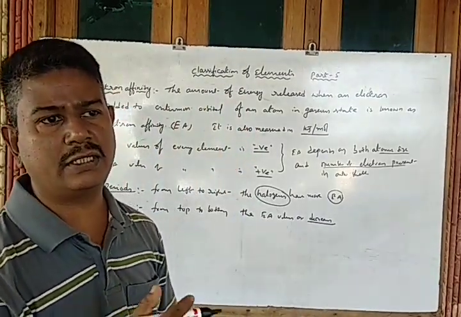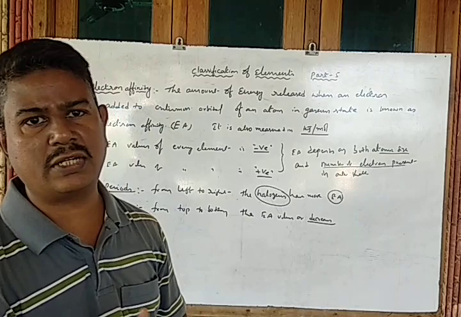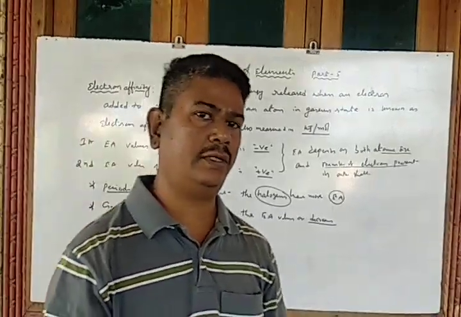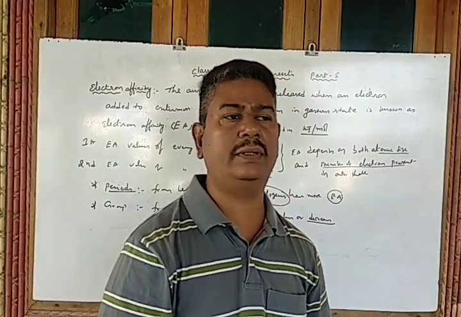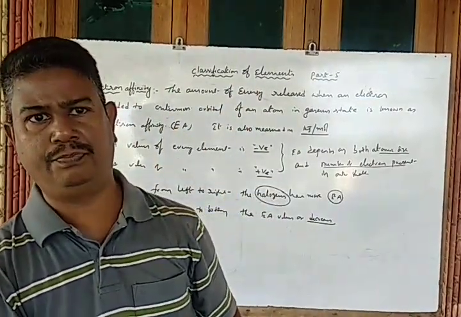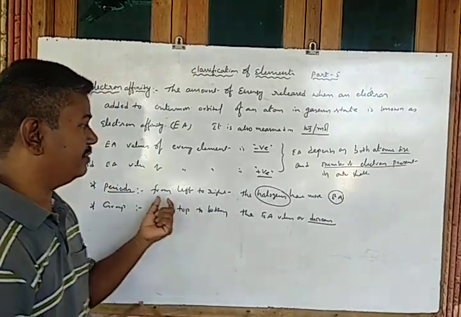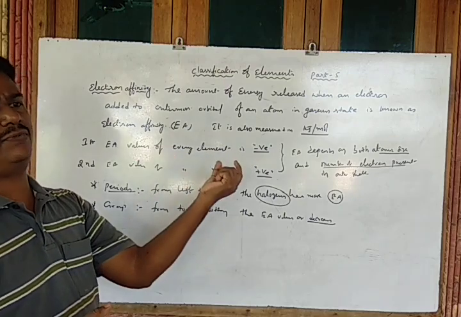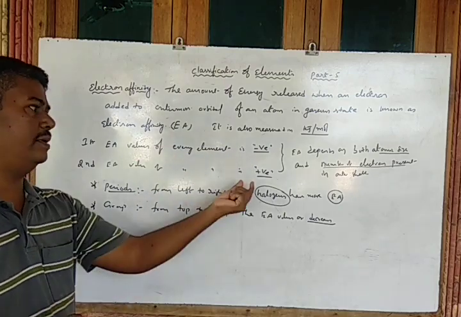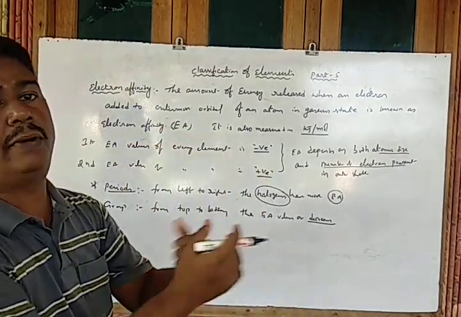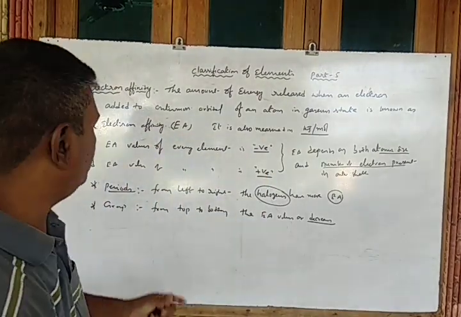Whenever the atomic radius increases, the nuclear force of attraction on the outermost electron decreases. So if you want to add another electron, more energy is absorbed for the second electron affinity values. Generally the first affinity value is negative, while the second electron affinity value is positive and increases, meaning more energy is supplied to bind the electron into the atom.